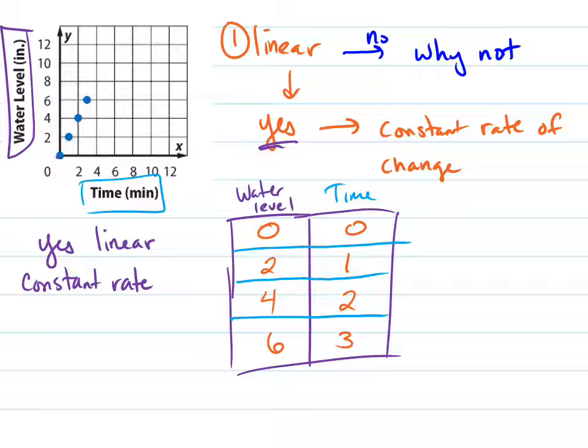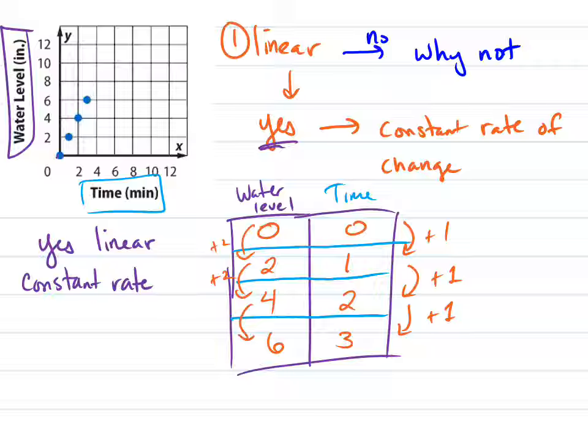We already know it's a linear relationship, but let's look at it. We're increasing by 1 in the time, and we're increasing by 2 in the water level. So we know that the water level is going up by 2, the time is going up by 1. Okay.